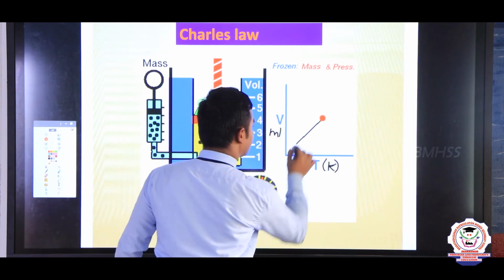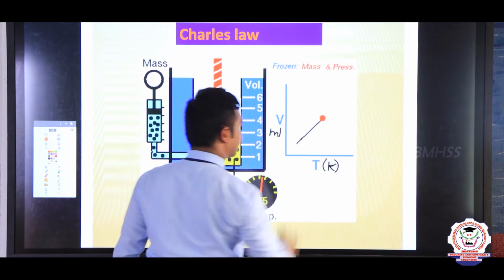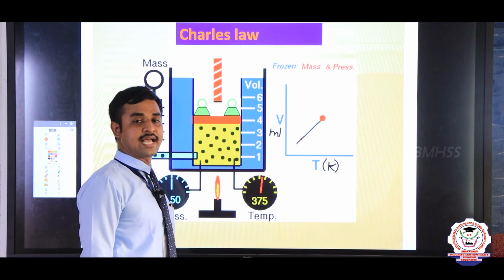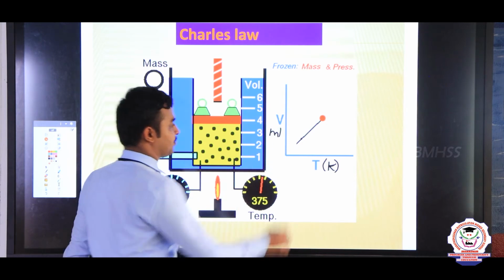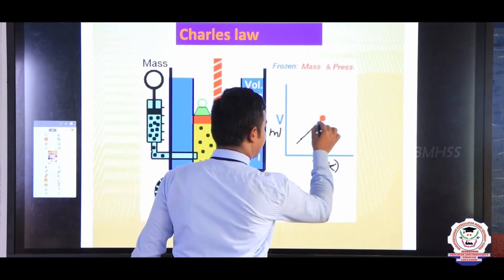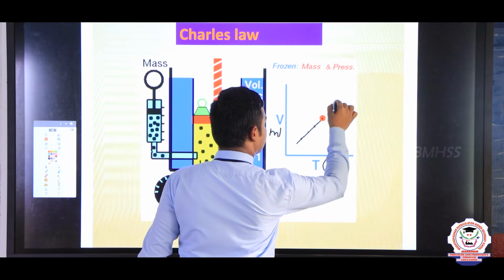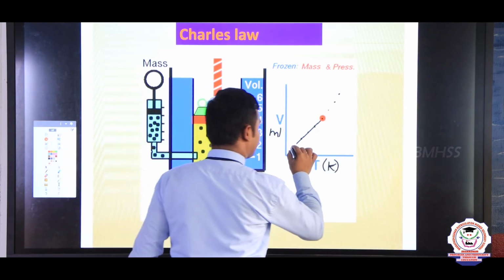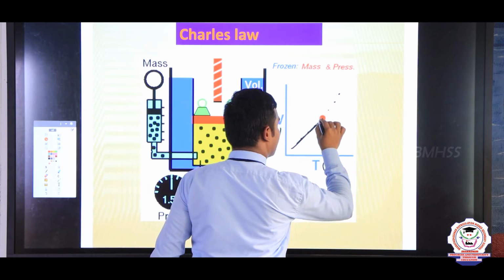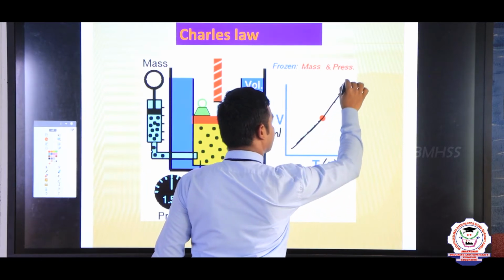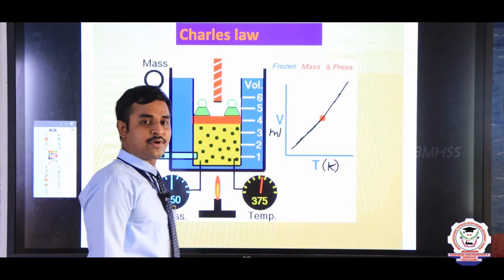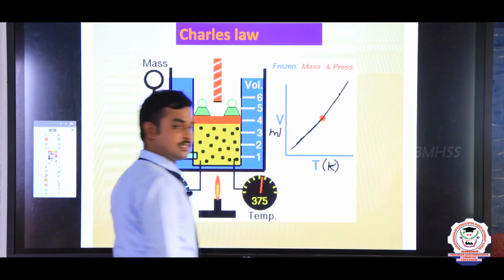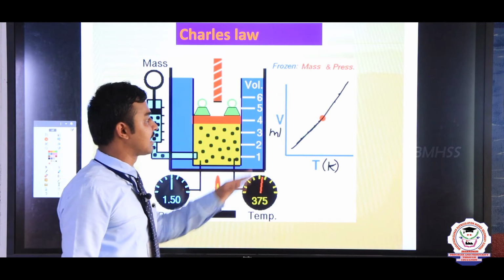I put a mark for a particular temperature showing how much volume the gas has. As I note the points for volume and temperature under different conditions and connect the graph points, I get a straight line.